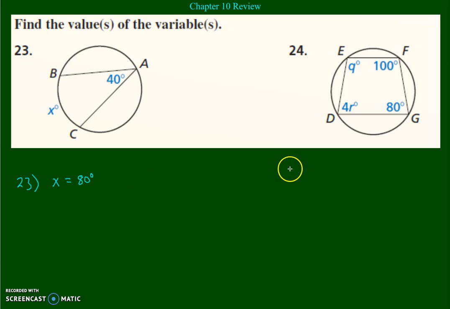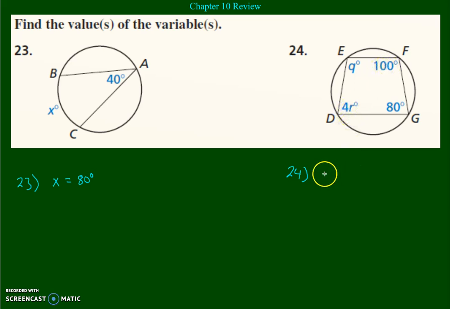Alright, 24. Here we have an inscribed quadrilateral. And the theorem here states that if a quadrilateral is inscribed in a circle, then the opposite angles are supplementary.